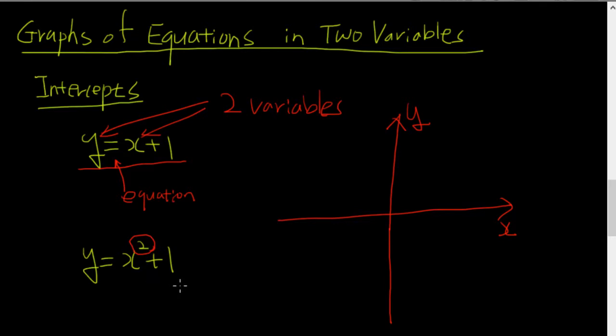This is a square, so this is going to be a non-linear equation. So we are going to deal with a couple of simple cases for linear and non-linear equations and their graphs.